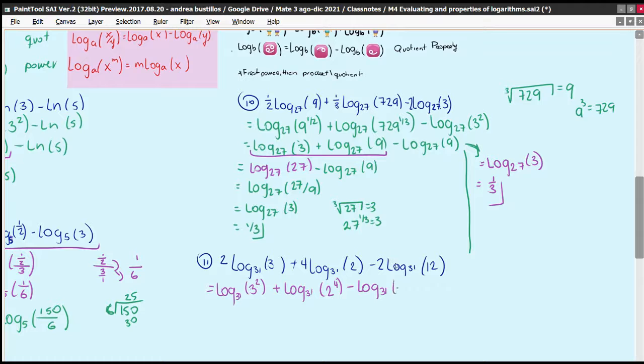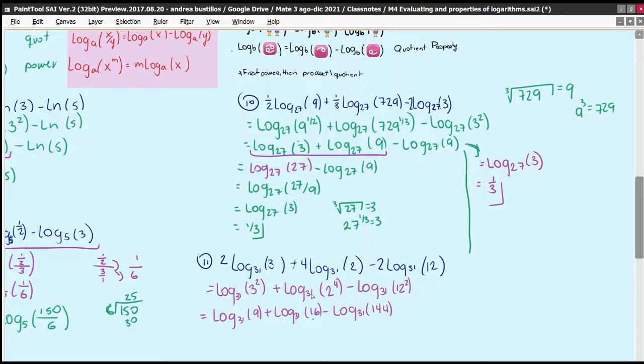From there, I'm just going to simplify the resulting expression. This is logarithm base 31 of 9 plus logarithm base 31 of 16 minus logarithm base 31 of 144.